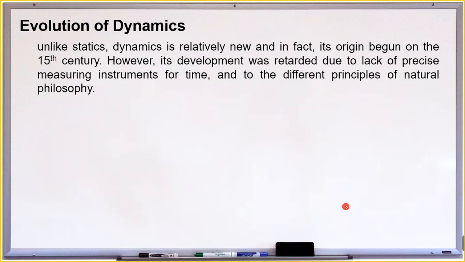So dynamics is actually fairly new compared to statics. It began in the 15th century during Galileo's time. Its development was retarded. The first reason is the lack of availability of precise measuring instruments for time.